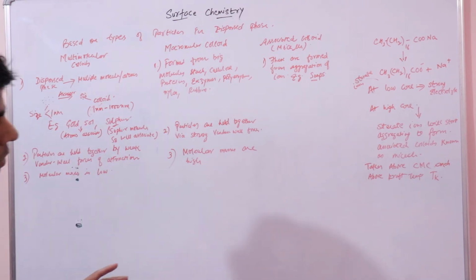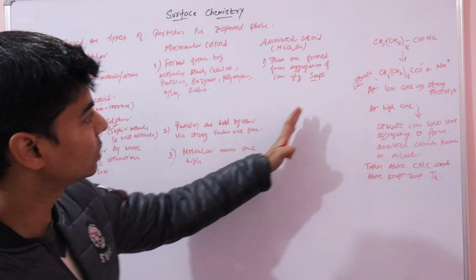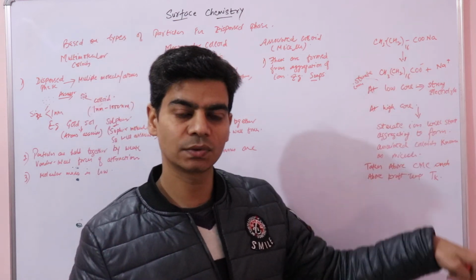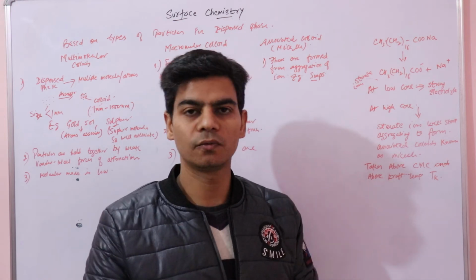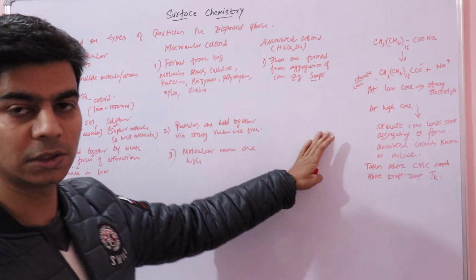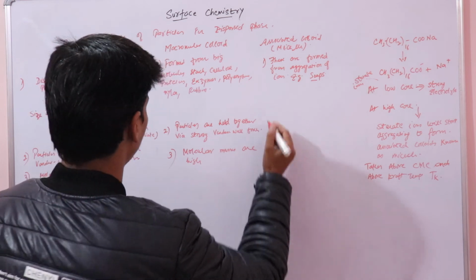These are held together by van der Waals forces, same as these two colloids. Associated colloids are also held together, that is, ions in associated colloids are held together via van der Waals forces, and the strength of van der Waals forces depends on the concentration of solution. Higher is the concentration, higher would be the van der Waals forces of attraction, right.